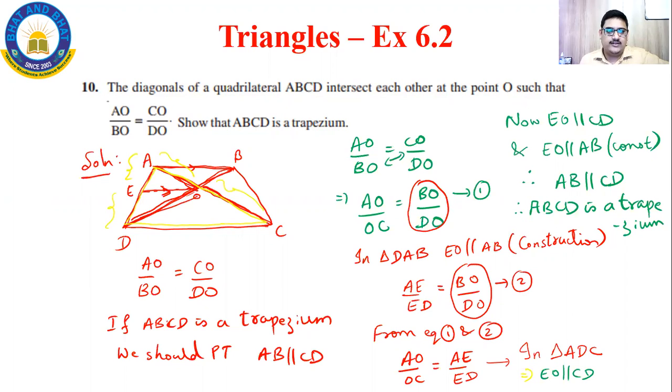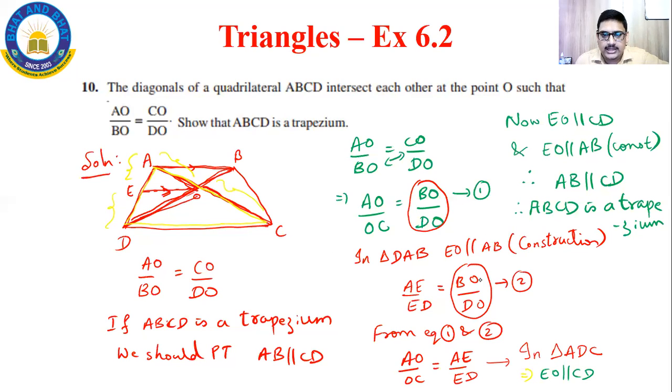Though I have to repeat, it is quite simple, students. I have to prove that ABCD is a trapezium, and I have been given AO by BO is equal to CO by DO. I will rearrange it as AO by CO is equal to BO by DO, then make a construction that EO is parallel to AB. Once EO is parallel to AB in triangle DAB, I can write AE by ED is equal to BO by DO.